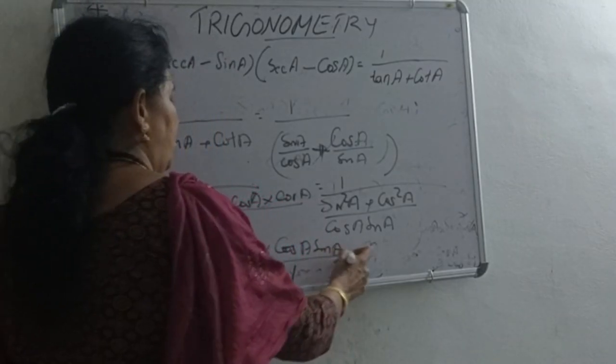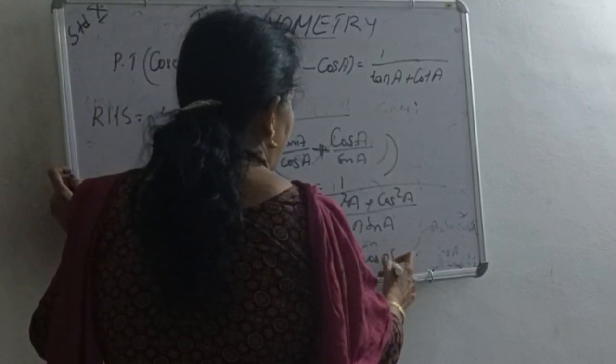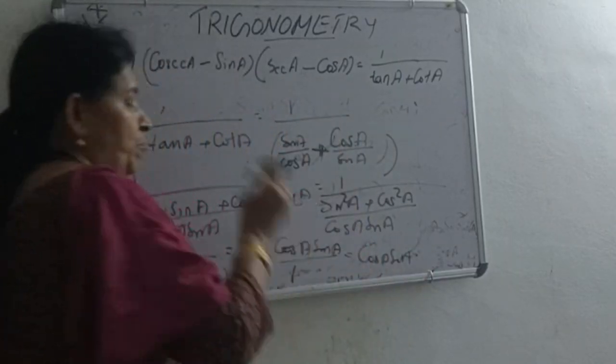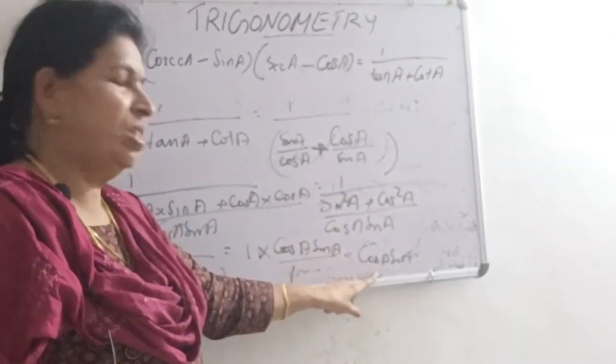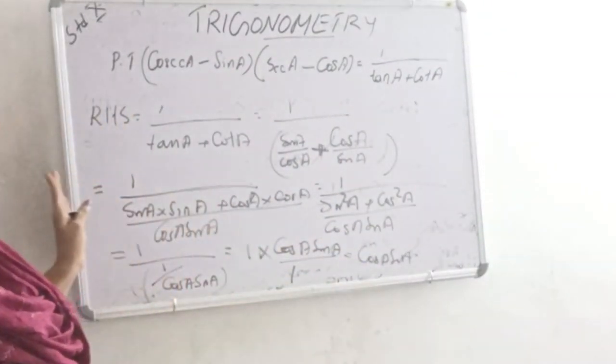We get cos A sin A. Hence we proved this question. From the LHS we get cos A sin A, from the RHS also we get cos A sin A.